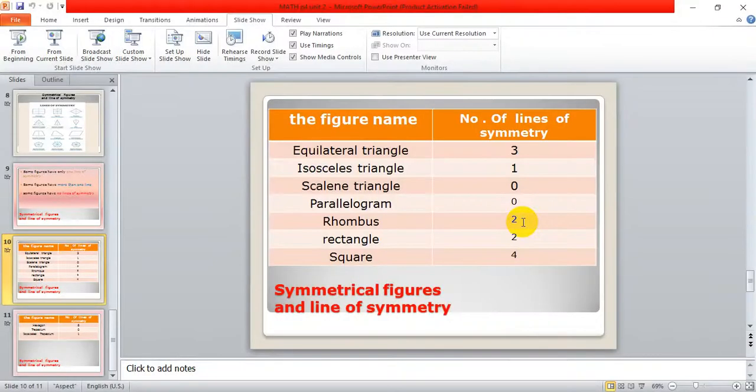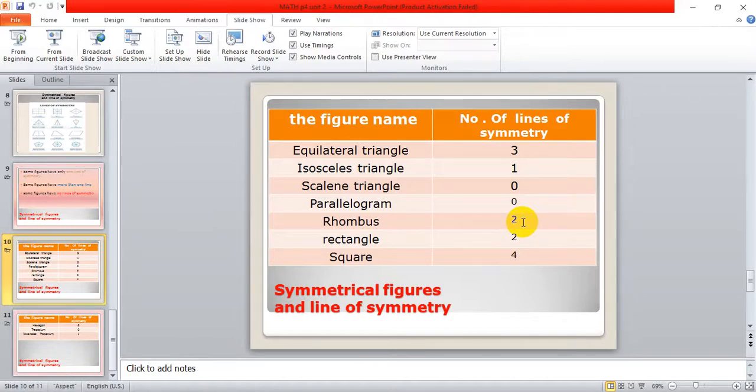Again, equilateral triangle, 3 sides are equal, 3 angles are equal, gives me 3 lines of symmetry. Isosceles triangle, 1, and isosceles trapezium, 1. Rectangle and rhombus, 2.